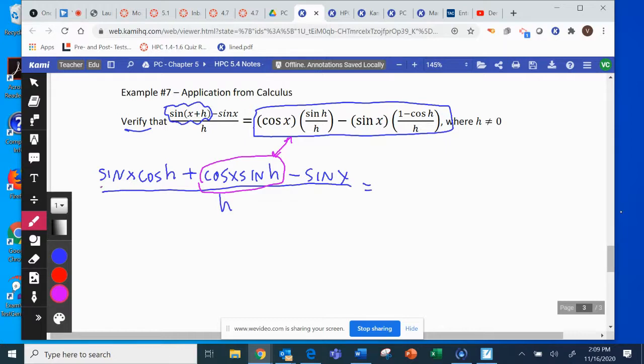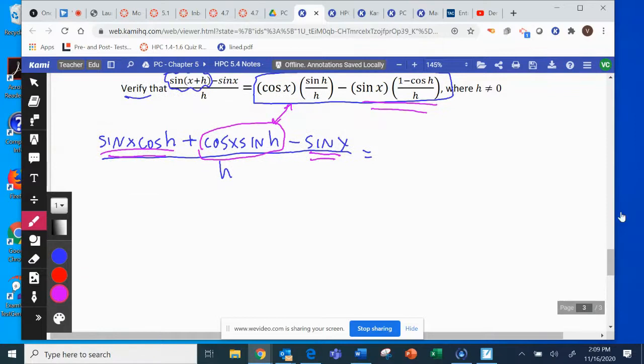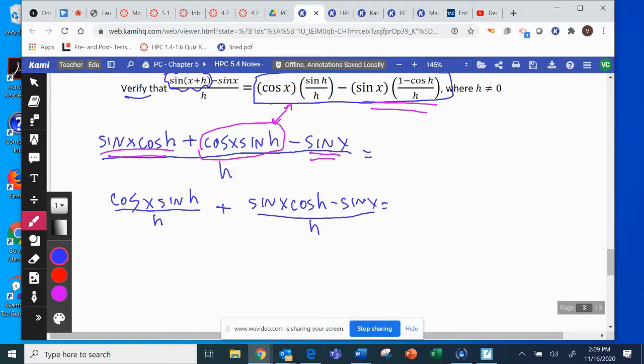So then I'm looking at these two terms, and somehow those have to go together to make this. So I'm just going to rearrange this really fast. I'm going to put cosine x sine h over h plus sine x cosine h minus sine x over h. So I just rearranged it a little bit.